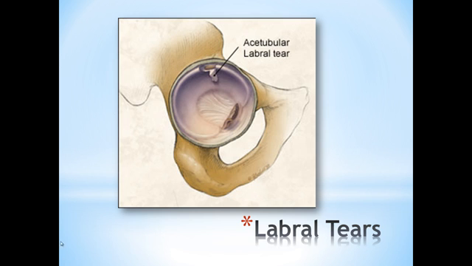A labral tear is typically a fraying or a tear of that labrum that provides a cushioning within the hip. And because it disrupts the articular continuity, we often have athletes that will complain of a clicking sensation or a pinching sensation.